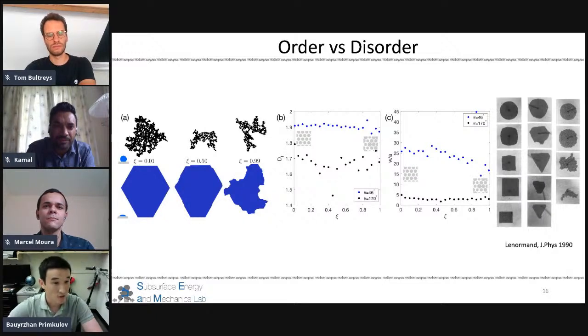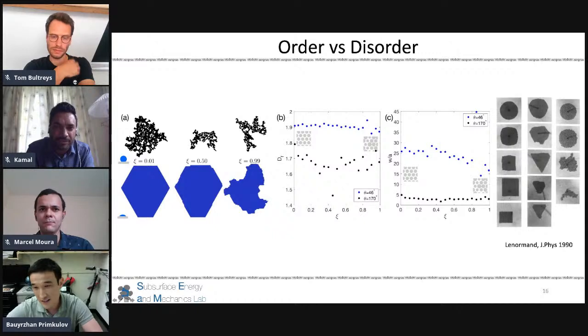Now, if you go into cooperative pore filling, then you get patterns that mimic the lattice structure that you impose, changing to something a bit more disordered as you increase the degree of disorder. And again, similar things have been observed experimentally, which is really nice to see.